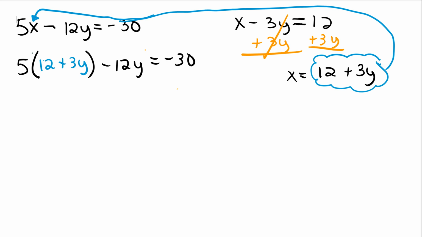I will start by distributing the 5 here. 5 times 12 is 60, and 5 times 3y is a 15y. I stopped distributing the 5 because the parentheses ends right there, so you just copy down the rest of this.